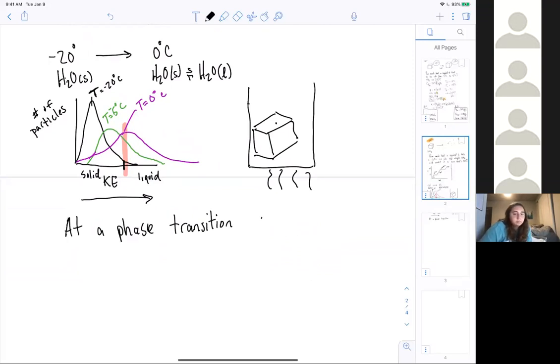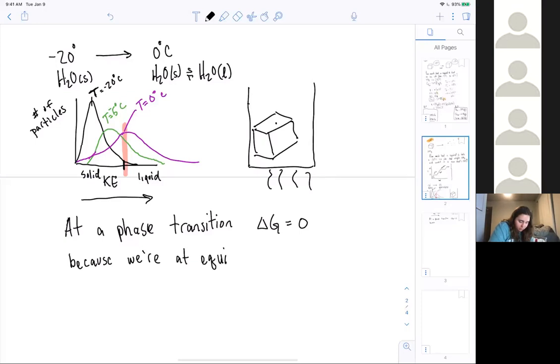But at a phase transition, the free energy of the system equals 0, because we're at equilibrium. So whenever you're at equilibrium, delta G equals 0. It's kind of like saying whatever's going to happen for the system has already happened.